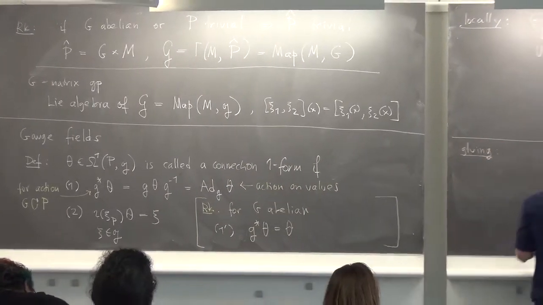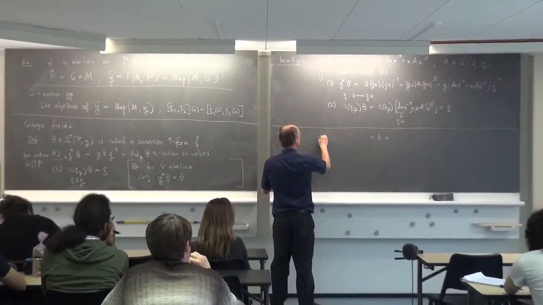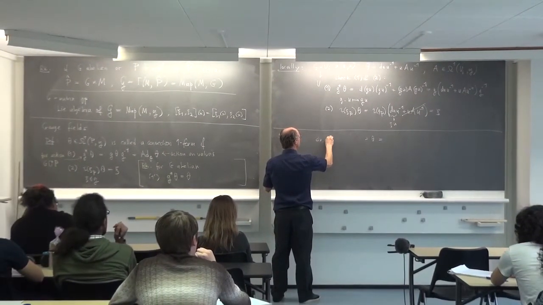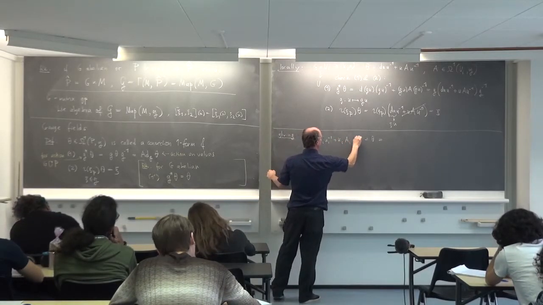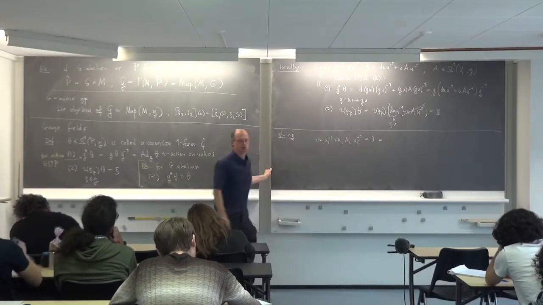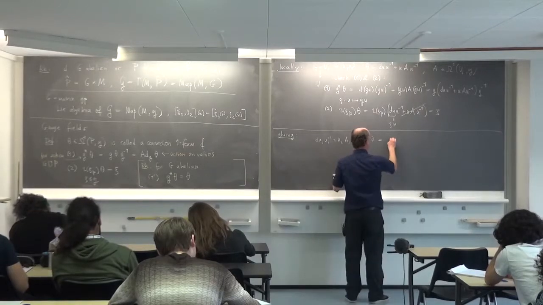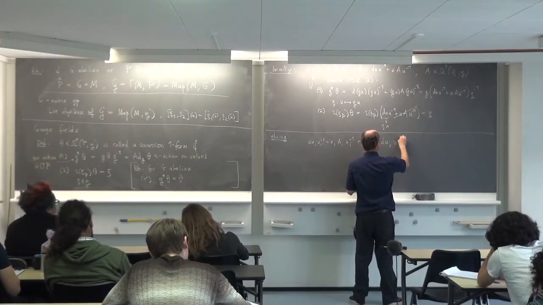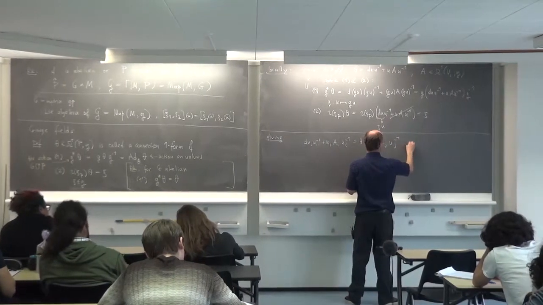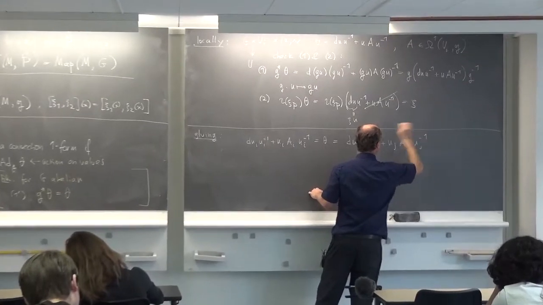So this means that we can write it in one chart as dU_i U_i^{-1} + U_i A_i U_i^{-1}. That's the local expression for our connection in the chart U_i. Or we can write it in another chart, dU_j U_j^{-1} + U_j A_j U_j^{-1}.